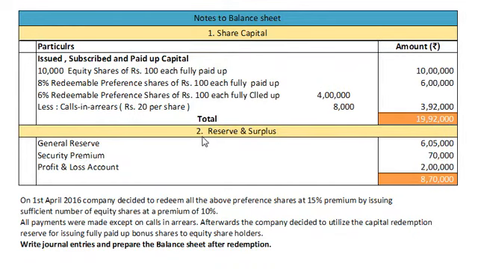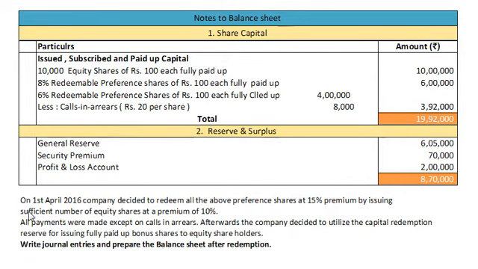Then note number 2, reserve and surplus. We have general reserve rupees 6,05,000, securities premium rupees 70,000, profit and loss account rupees 2 lakh, and total 8,75,000.